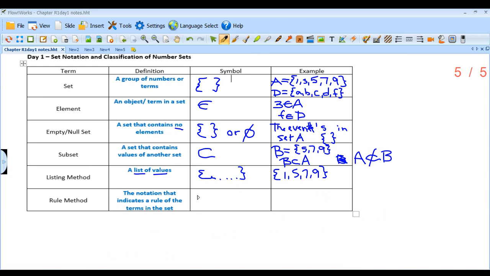So for example, if I want to say the set of all x values such that x is an even number between, let's use 2 and 10. All right.